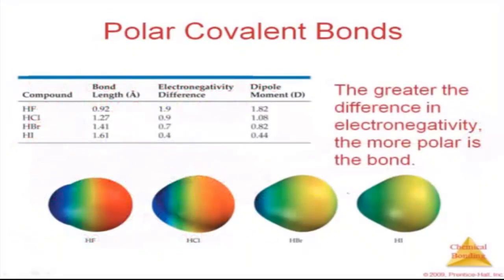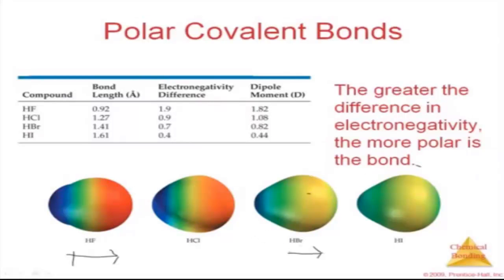So the greater the difference in electronegativity, the higher the dipole moment. You could draw these with a shorter arrow than you would here.